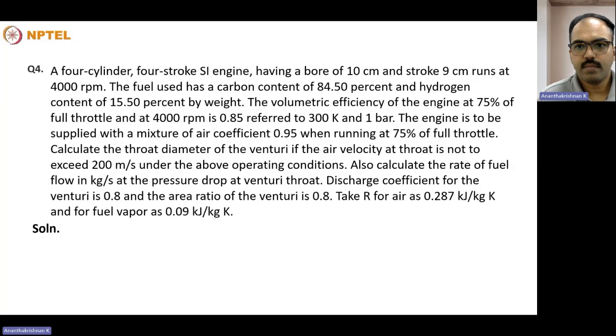So we can actually look into the problem. It's a numerical. A four-stroke, four-cylinder SI engine having a bore of 10 centimeter and stroke of 9 centimeter runs at 4000 RPM.